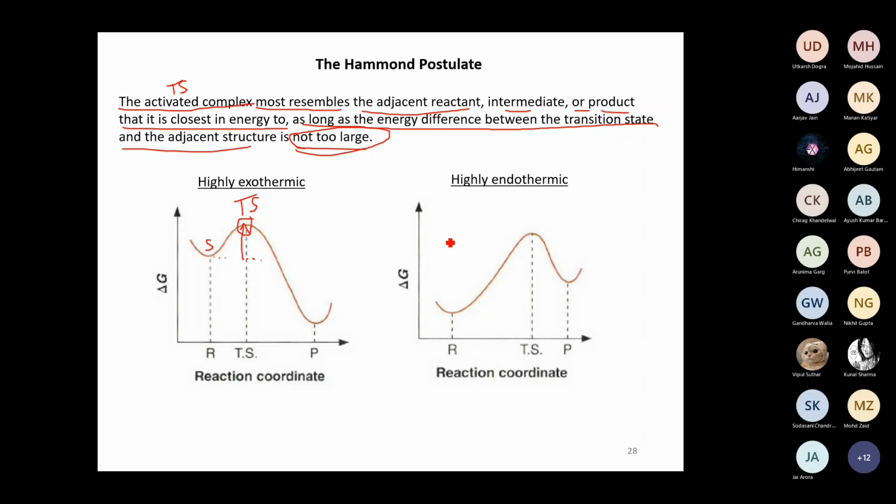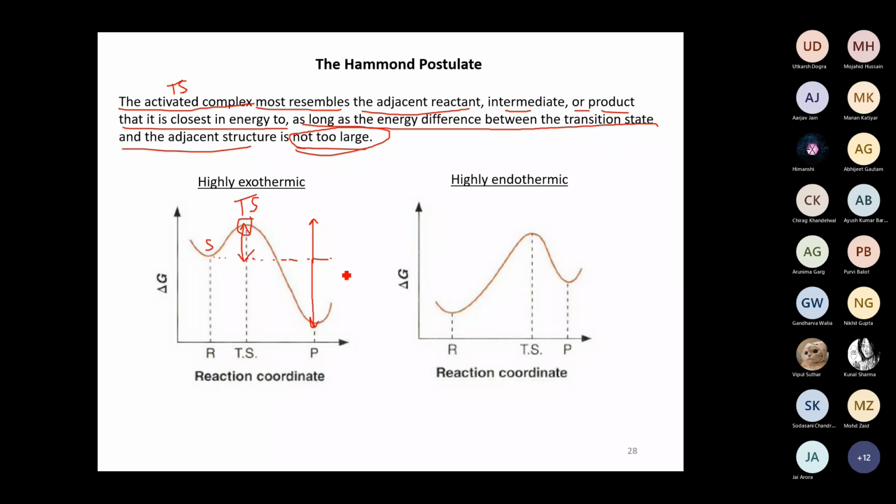Okay, so you can see that if the starting material and product have a very large energy difference, like in a highly exothermic reaction, the energy difference between the transition state and starting material is much smaller compared to the energy difference between the transition state and the product, right?